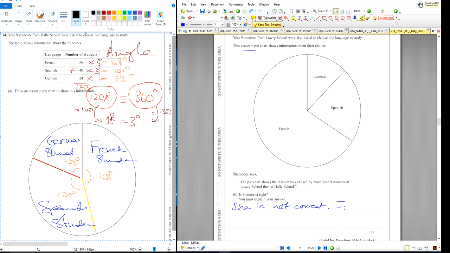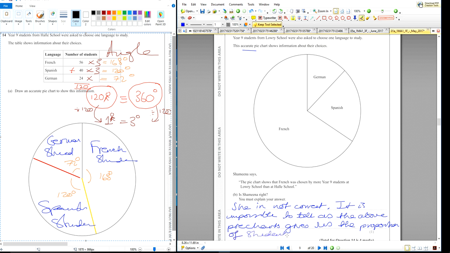It's impossible to tell, as the above pie chart only gives us the proportion of students doing French, and not the actual numbers.